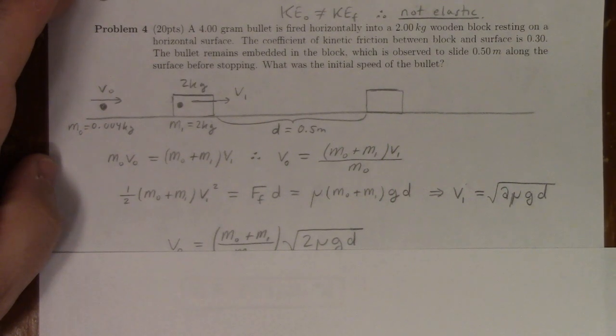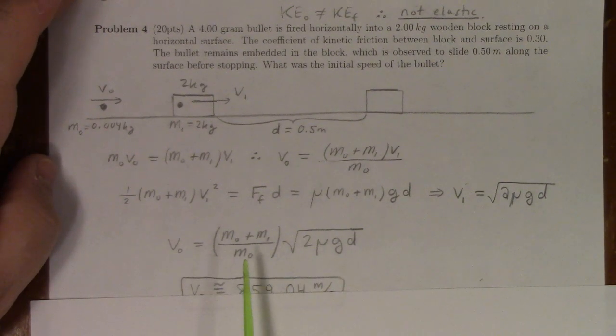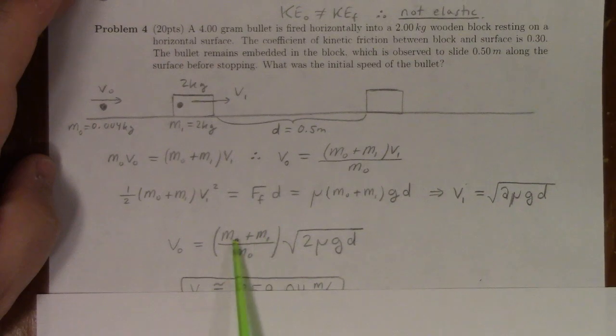No funny business, no angles, anything like that going on here. And so you can solve this, and you get v1 is the square root of 2 mu g d, which then I can go back to my other equation and get v naught is the ratio (m naught plus m1) over m naught times the square root of 2 mu g d.